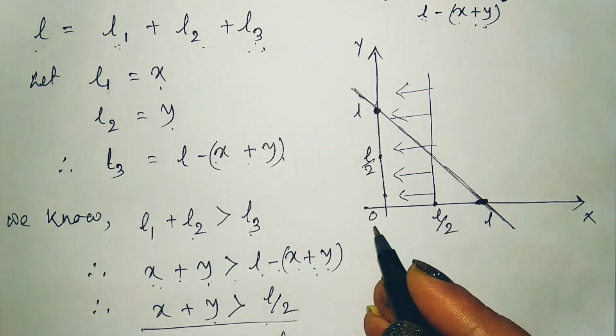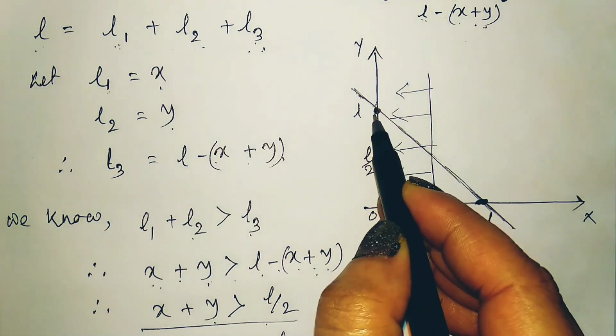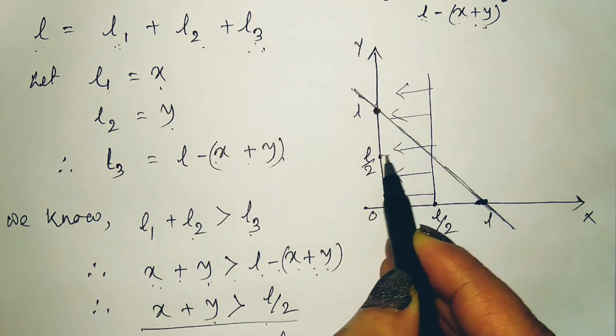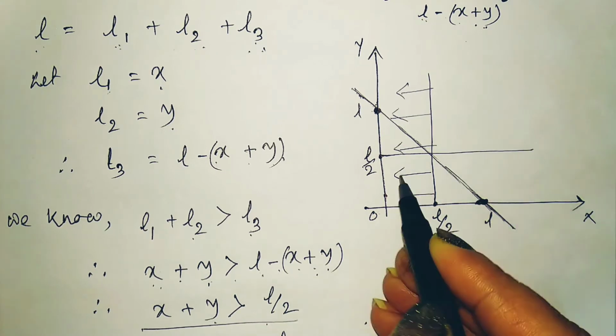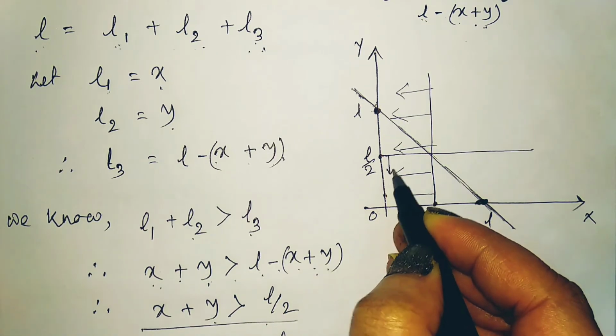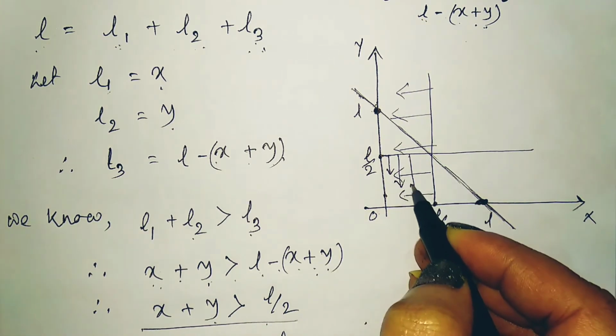Again, y is less than L by 2, or y equal to L by 2 means this one, and as it is less than, it is always in this direction.